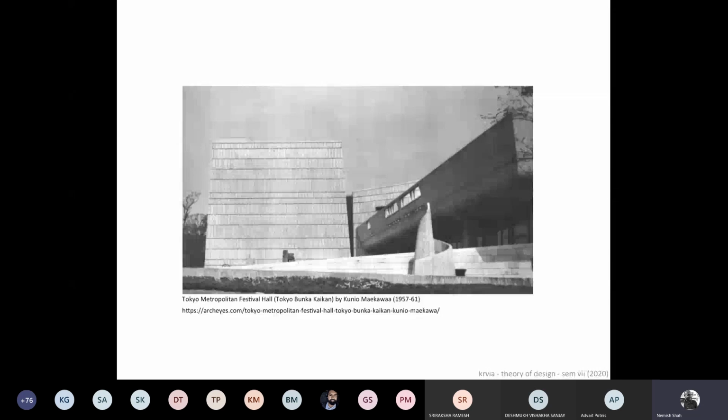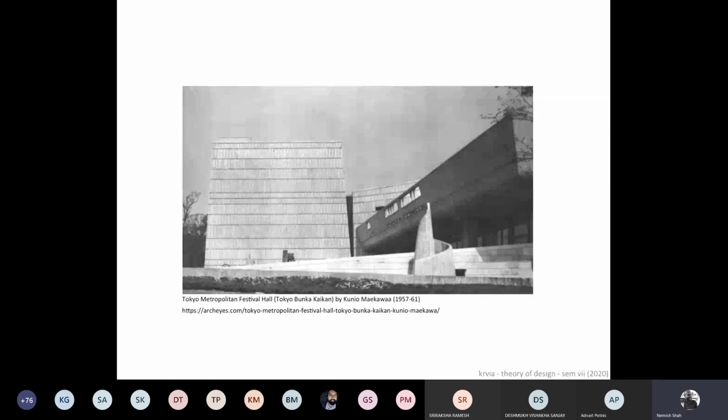At this time the debates start happening in Japan, and Kenzo Tange is the first one to oppose his teacher Maekawa, saying, how does this talk about Japan? How does this talk about a Japanese national identity? So questions of nation and identity are always predominant in the minds of architects at that time.